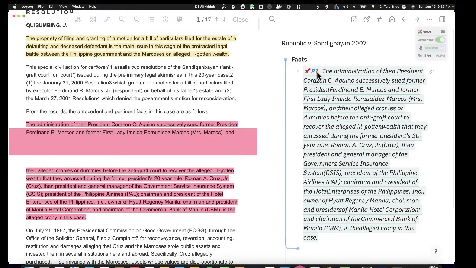So, the administration of the then President Aquino successfully sued the alleged cronies or dummies before the anti-graft court to recover the ill-gotten wealth, blah blah blah. Actually, we do that to state na ang haba-haba niyan. Okay.